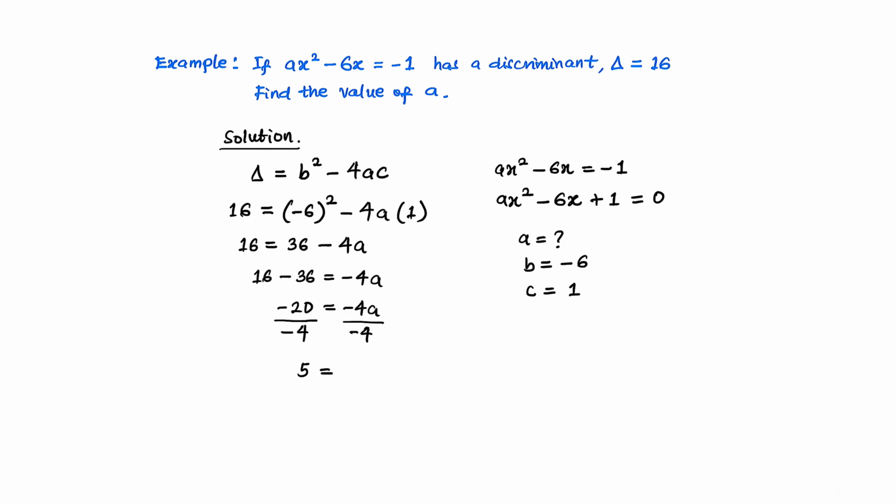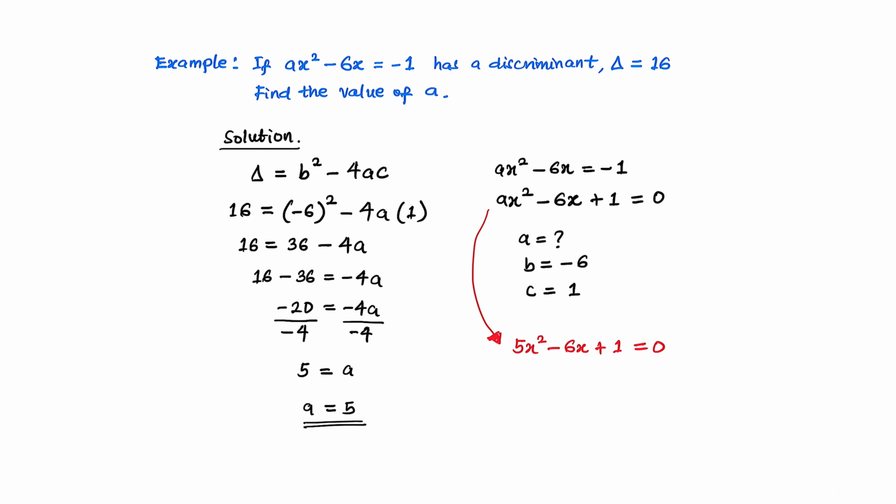And negative 4 will cancel negative 4, we are left with A. So that means A equals 5. So that means correctly rewriting this equation, A is 5, so we have 5x squared minus 6x plus 1 equals 0.